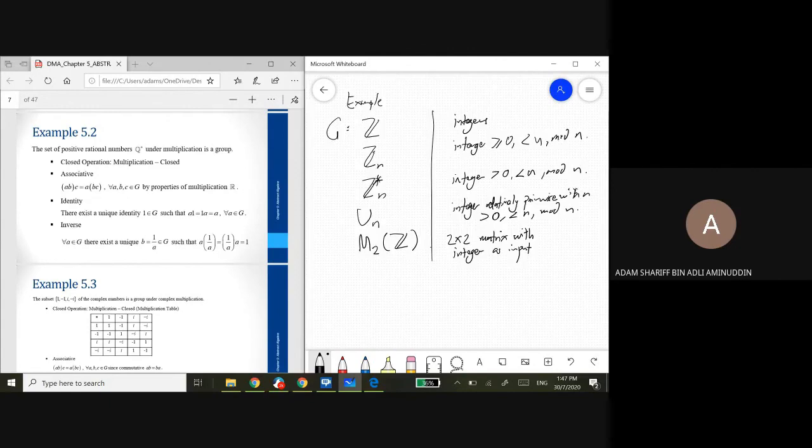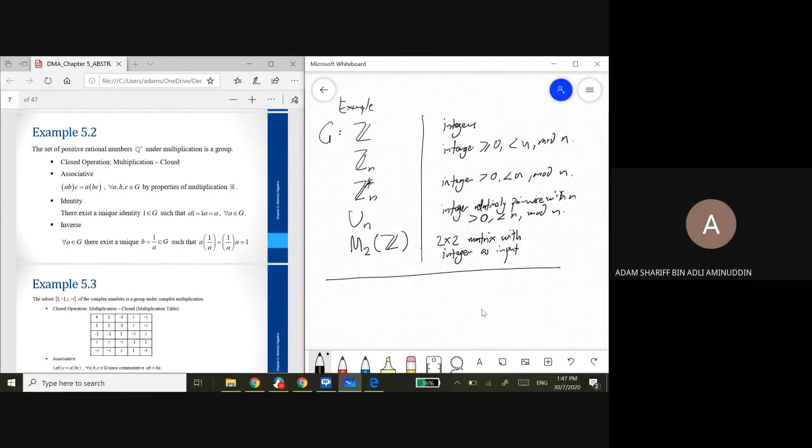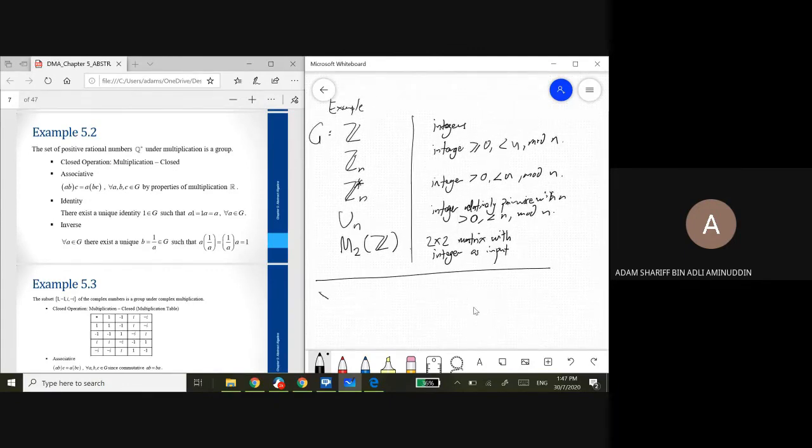However, this is G, just G. When we say G, we have not mentioned its binary operation yet. So in my question, I can always change the G and I can always change the binary operation.